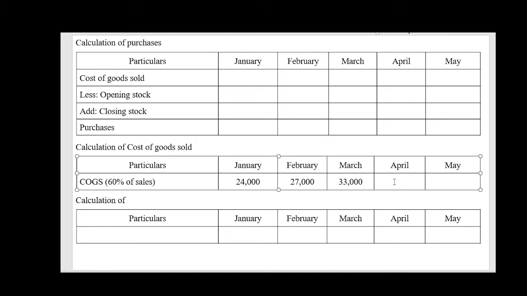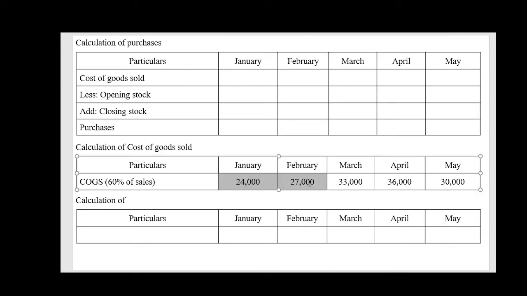April sales is 60,000. 60% of 60,000 will be 36,000. May sales is 50,000. 60% of 50,000 will be 30,000.